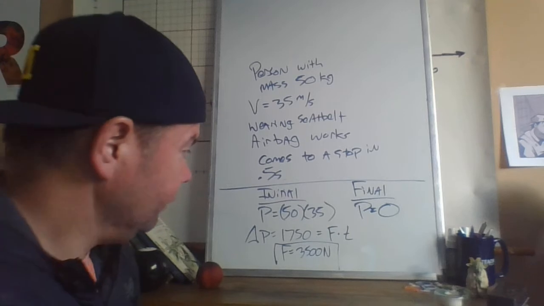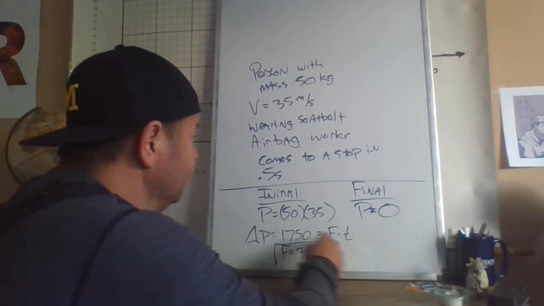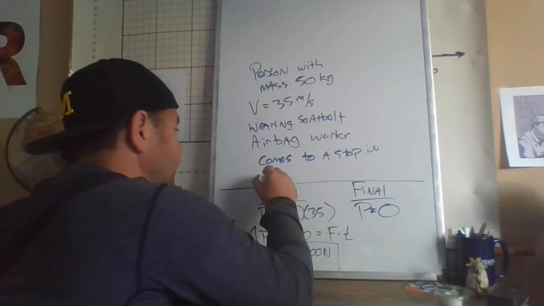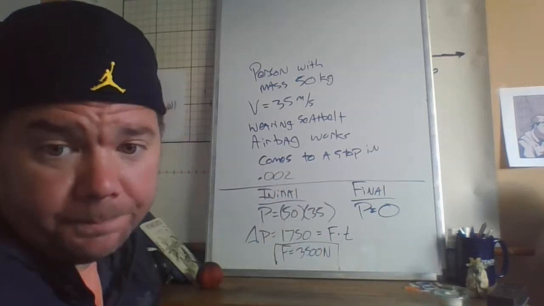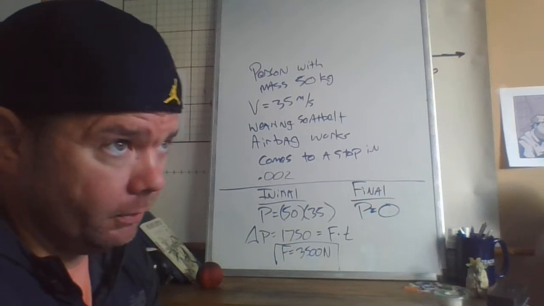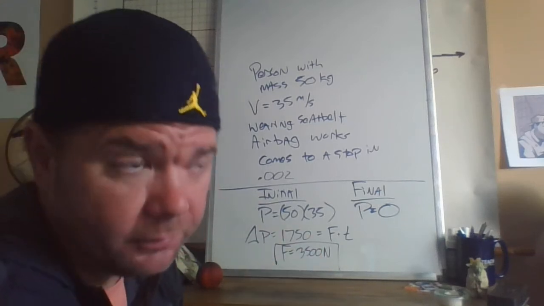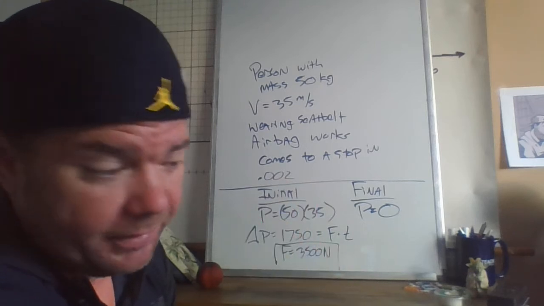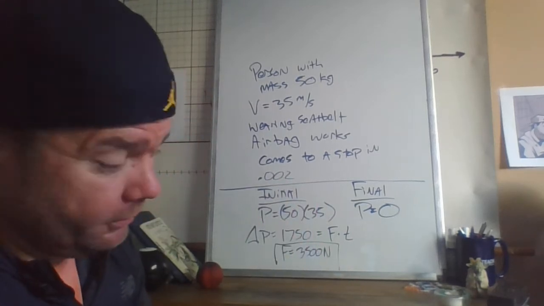If you're not wearing those things, then the time goes from something like 0.5 seconds to something more like 0.002 seconds, which doesn't seem like a big difference. We're talking about the difference of a snap. But how does that impact the force?